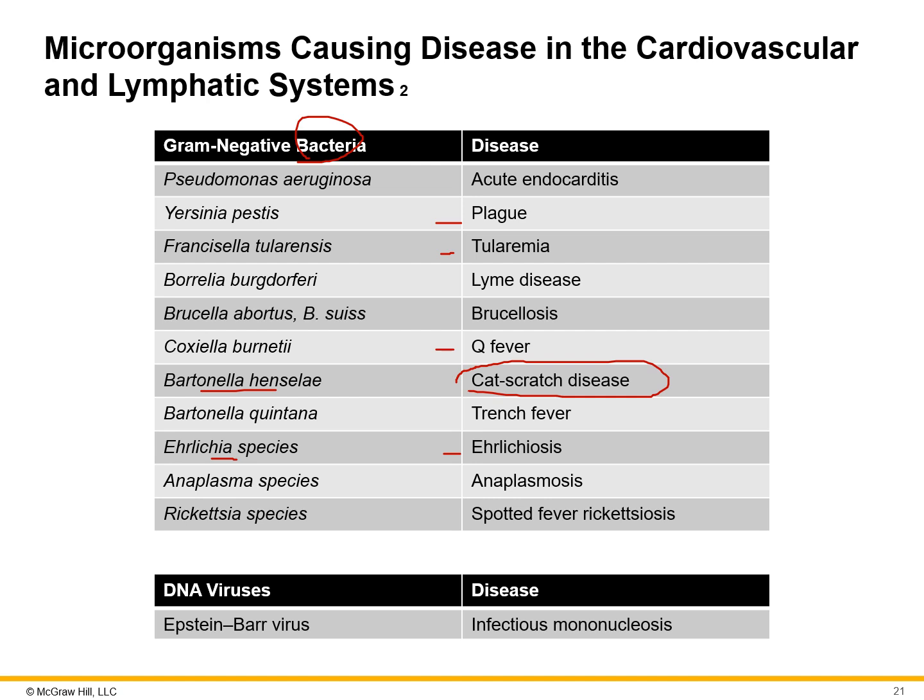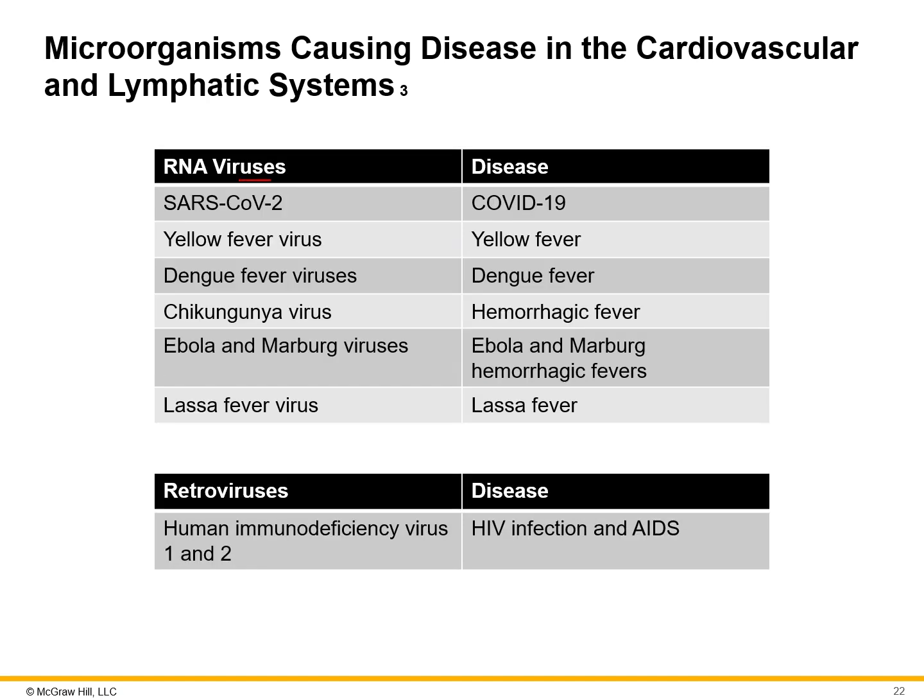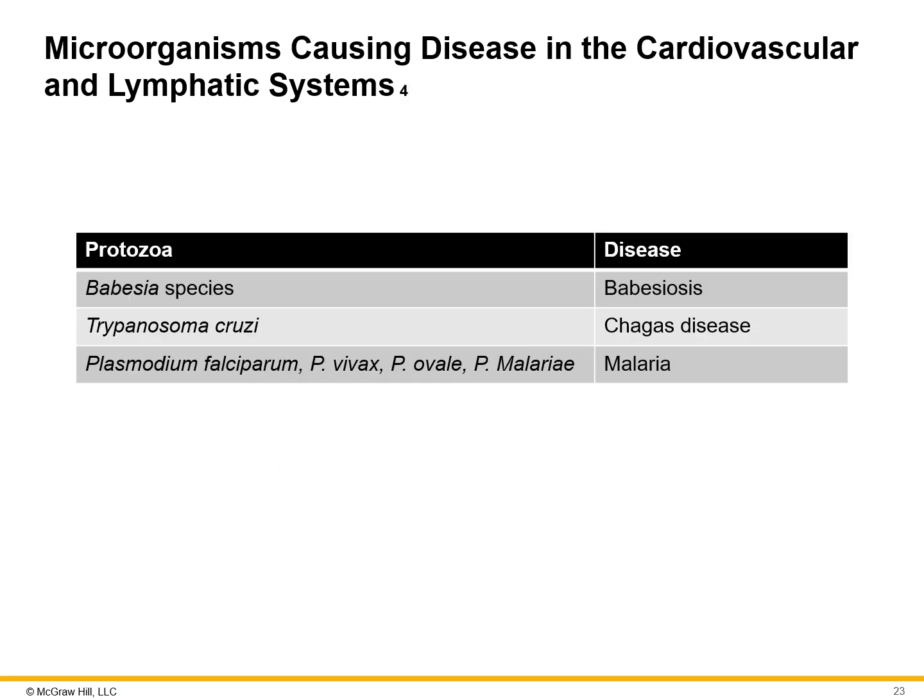Looking at our viruses, mono is caused by Epstein-Barr, which is a DNA virus. Then our RNA viruses, so COVID-19. We didn't talk specifically about these, but those hemorrhagic fevers are mainly caused by viruses, non-hemorrhagic more caused by bacteria. And then our retrovirus, of course, we just talked about with HIV and AIDS.